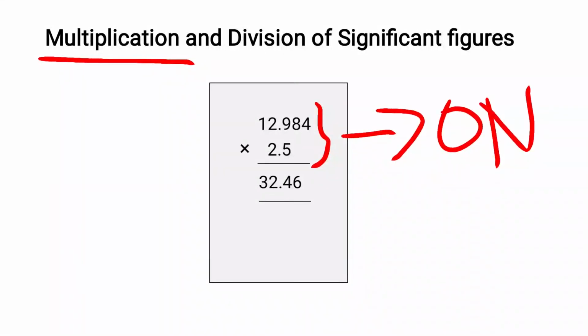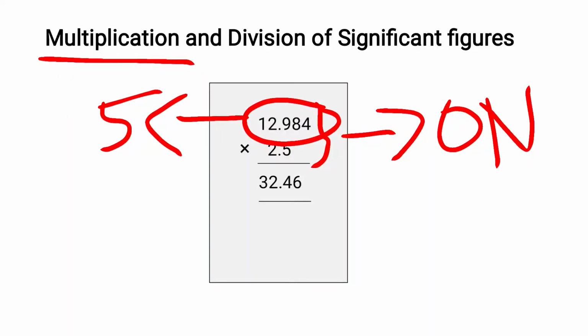Now carefully look at the original numbers. In case of multiplication and division, we are not focusing on the number of digits which are present after the decimal point, but here we are interested only in the total number of digits which are present. In case of 12.984, the total number of significant figures are said to be 5. Do you agree?